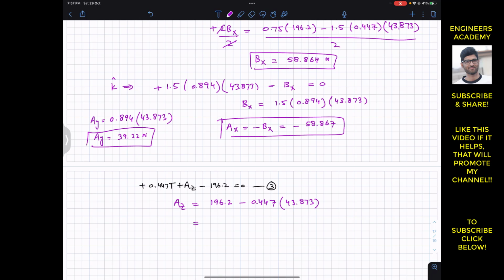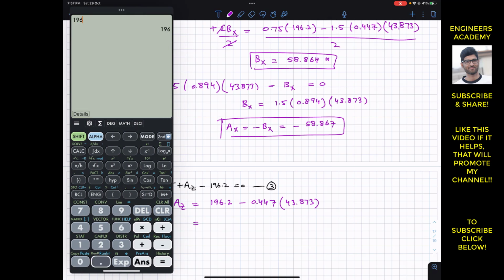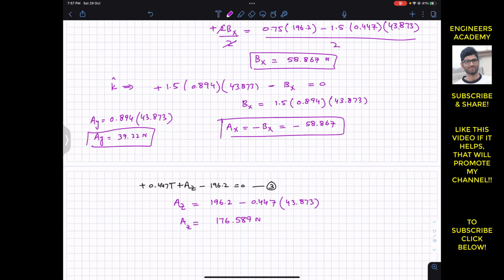So this is 196.2 minus 0.447 into 43.873. This gives us Az equals 176.589 newtons. So this is Az.